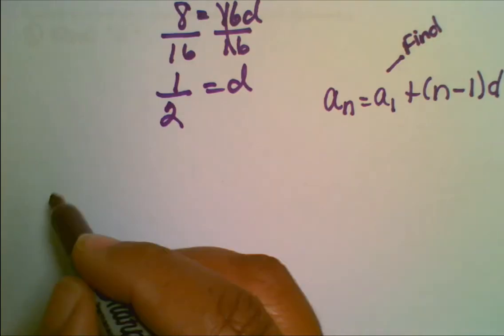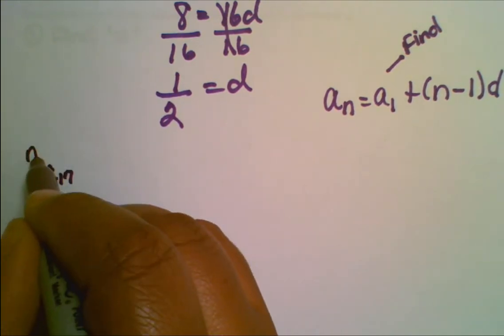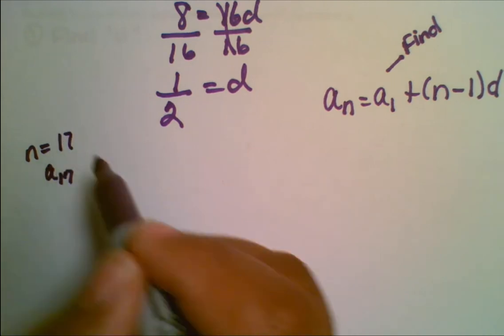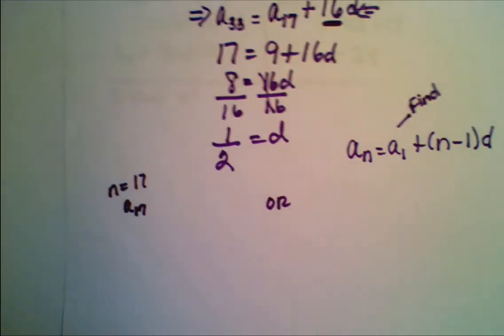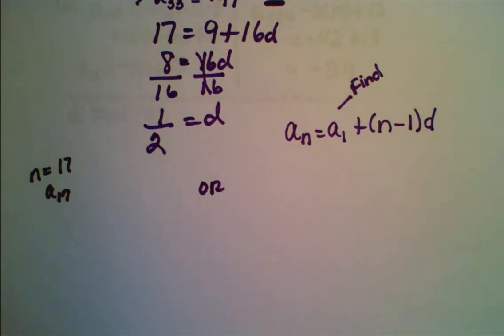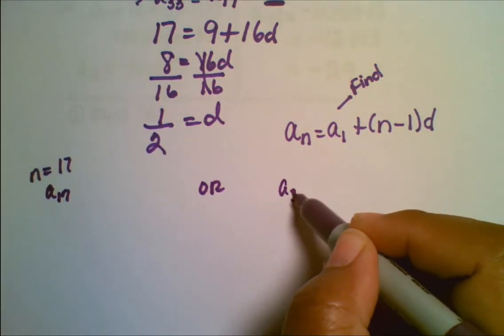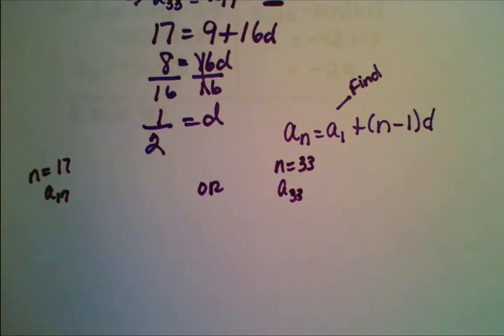Well, you have two choices. Either you can start off with a sub 17, where our nth term is 17, or a sub 33, where we see the 33rd term.